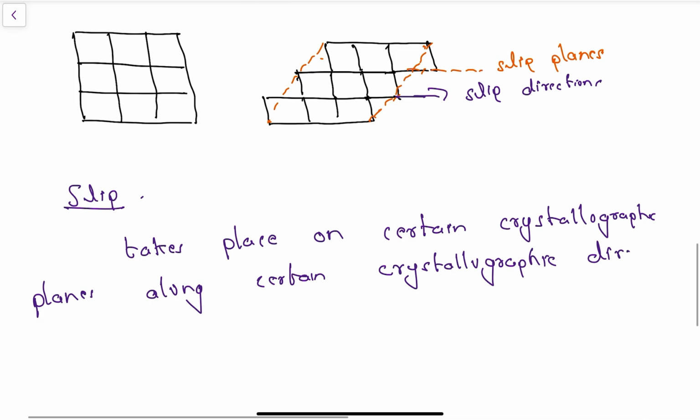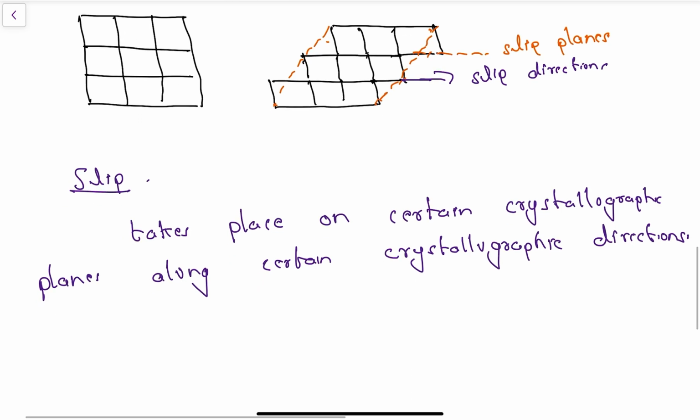We have already studied in our first chapter about Miller indices and how you can assign Miller indices to various planes and directions. That means slip takes place along certain planes and in certain directions, so we can use Miller indices to specify them.